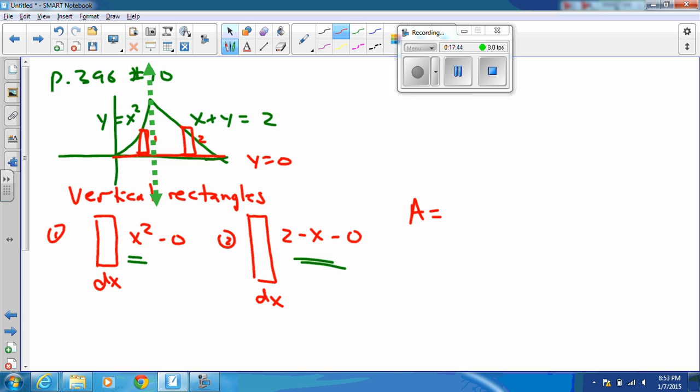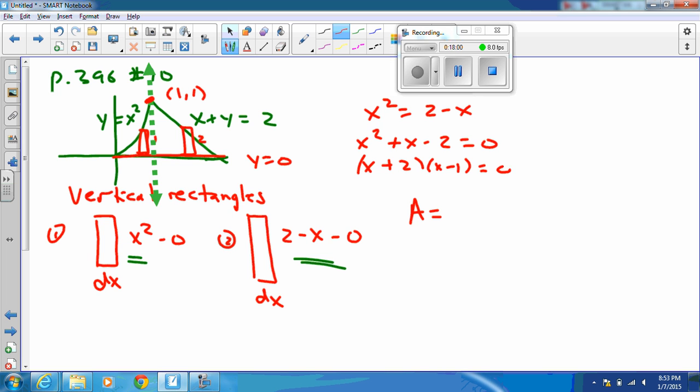And in fact, I would need to find the intersection point. I think it's pretty clear that the intersection point is going to be 1, 1. But if you're not sure about that, you can set the two curves equal to each other. And factoring is your friend.